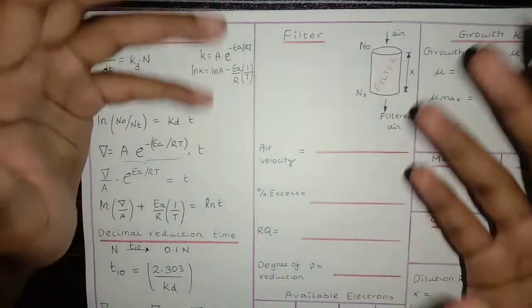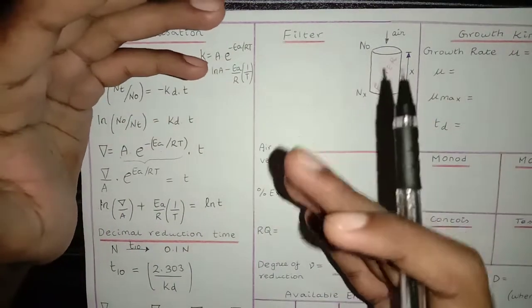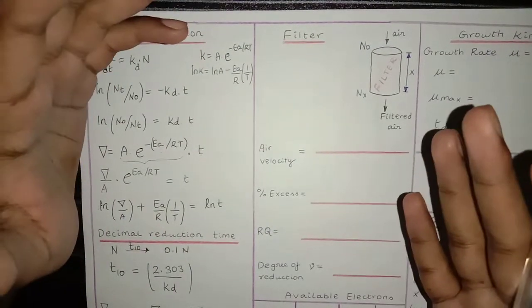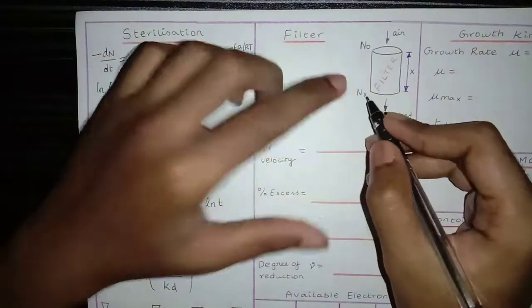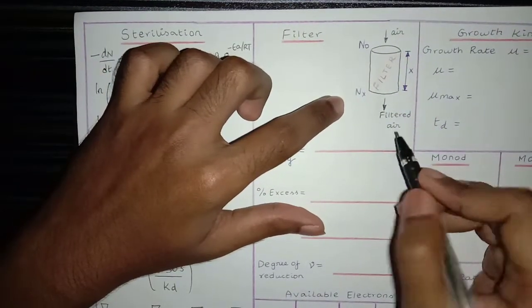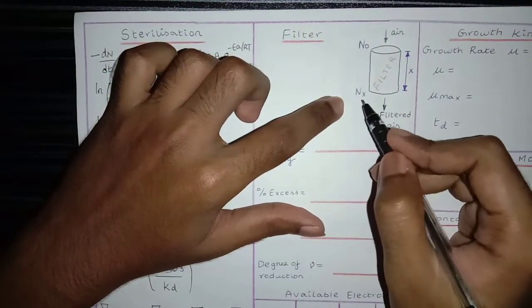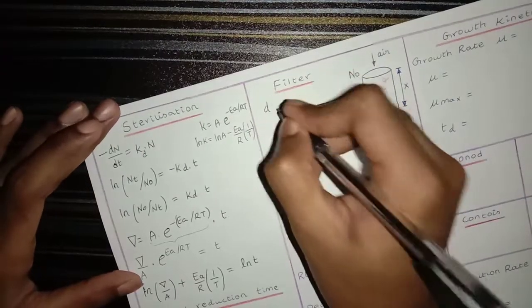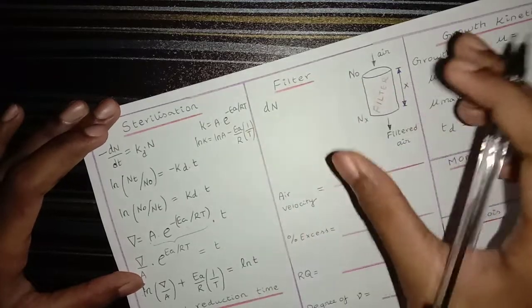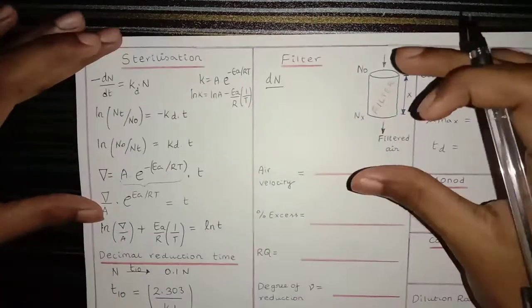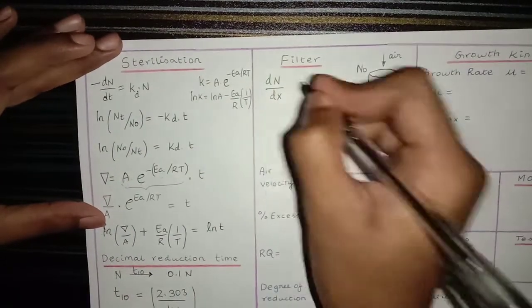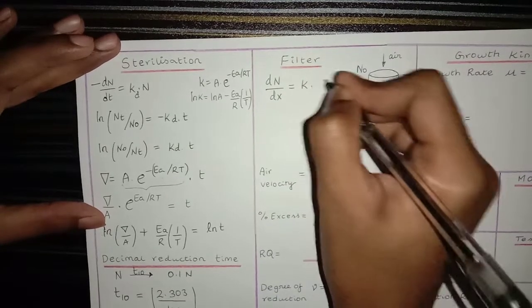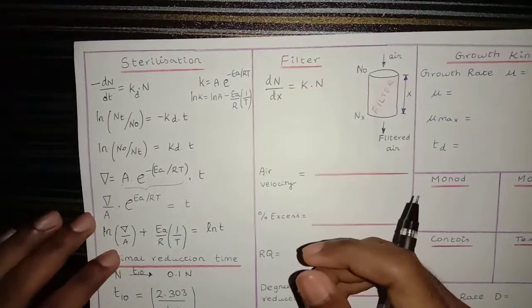Some microbes get trapped due to interception, diffusion, and electrostatic attraction, and the final filtered air will have a number of microbes, say nx. So we can write a differential expression: the rate of change of cells over the filter length dx is given by k times n, right?